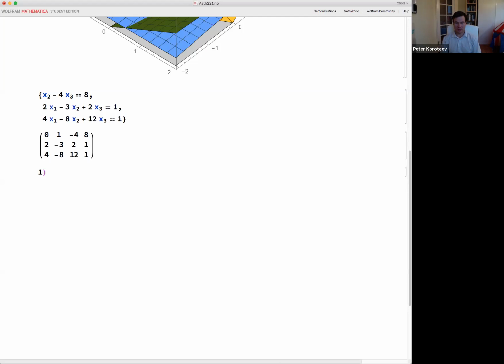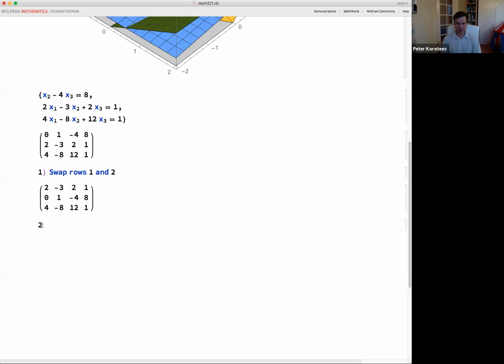We can swap rows 1 and 2. I'm going to create 2 matrices and swap them around. We are totally allowed to do that. And then that's done.